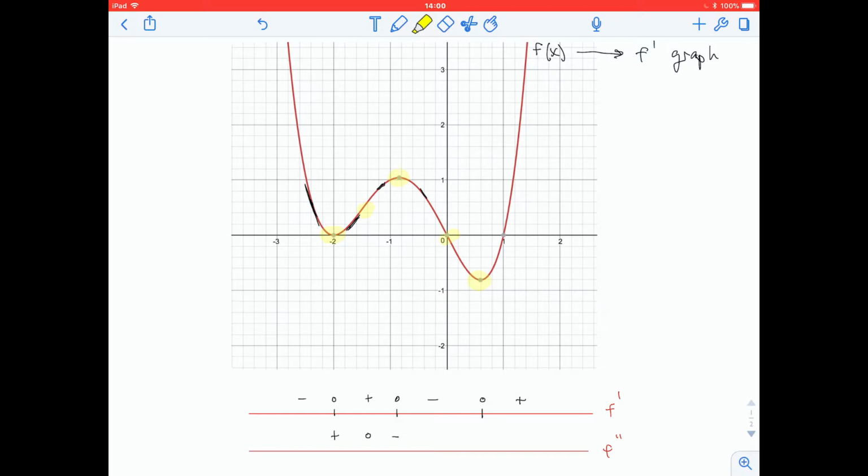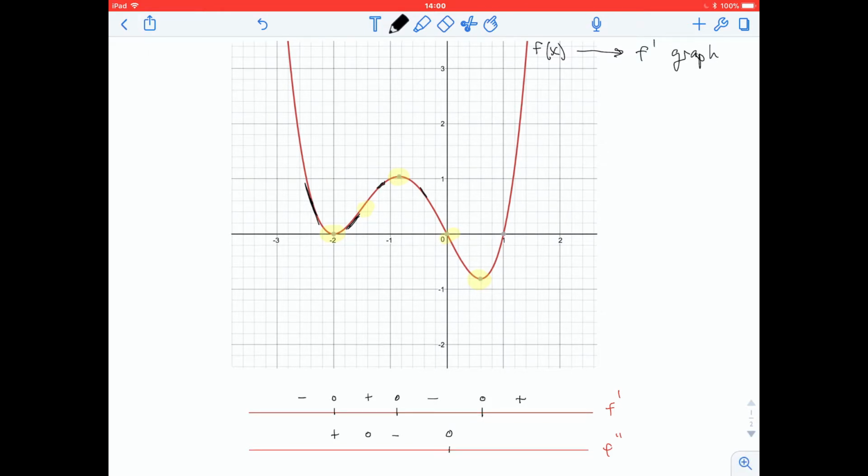Everywhere between those two values, the second derivative is going to be negative. Maybe around x equals 0 is where we again perhaps have a second derivative that's 0, and then that graph flips around to have positive concavity.